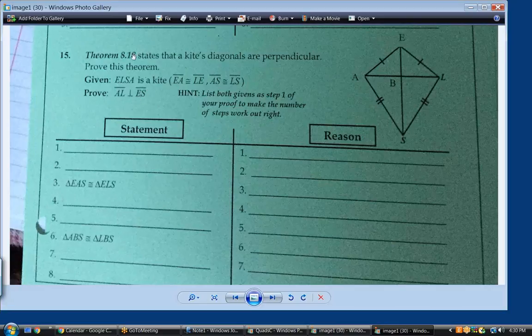But they want us to prove that theorem, which is probably going to require you to prove that triangle is congruent to that triangle. And since those 2 angles are going to be congruent, they have to both be 90 degrees. That proves those 2 lines are perpendicular.